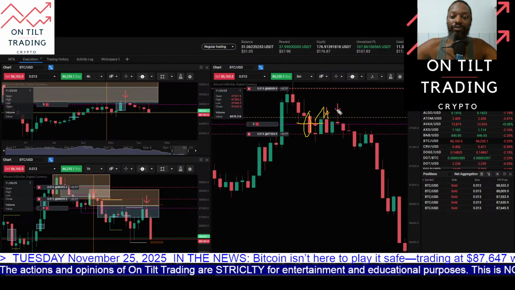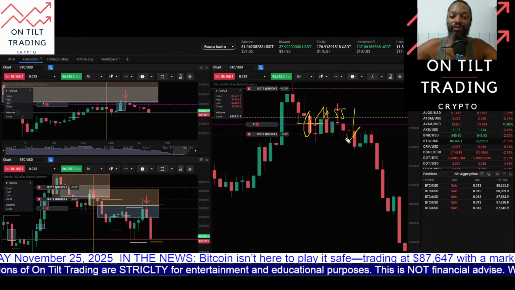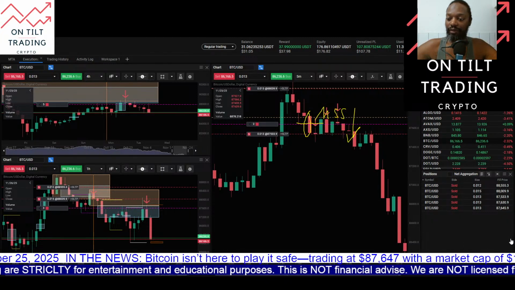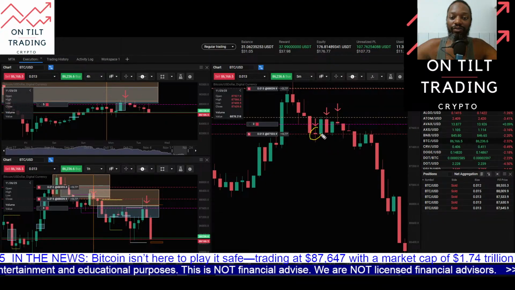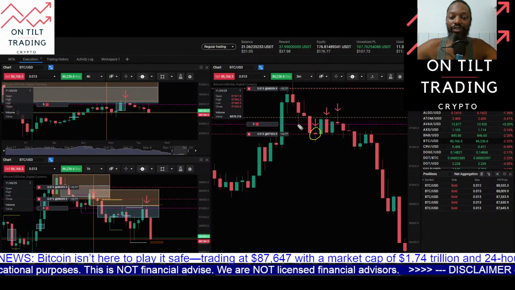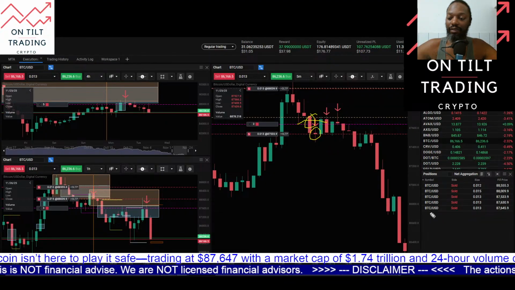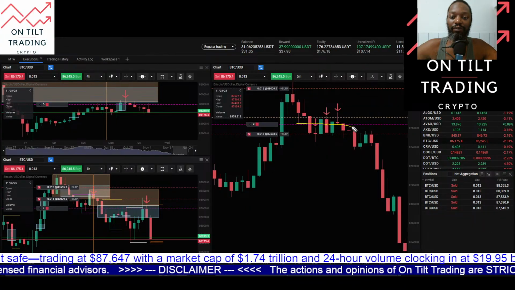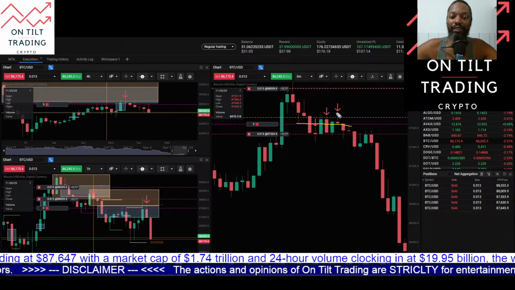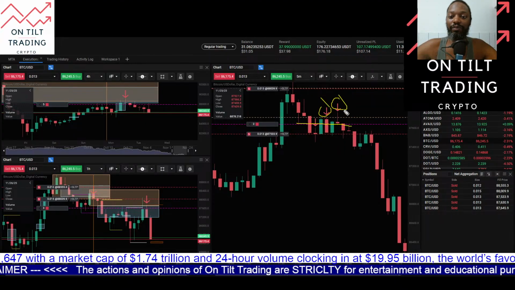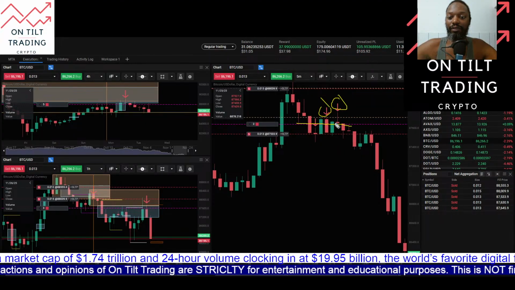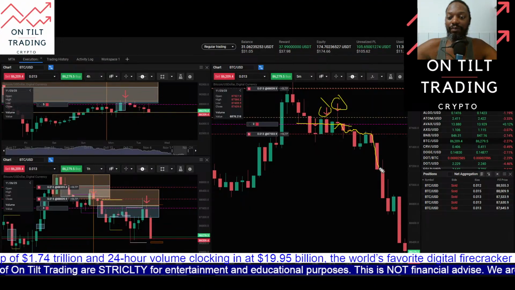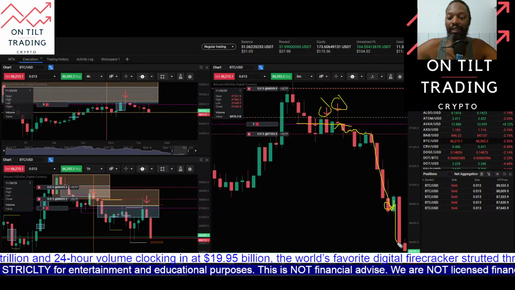Here the market structure shift comes into the sell side. So again, I take my entry immediately after the shift, and then I wait for price to pull back to the market structure shift level, and this is where I entered these two positions here. And we can see price consolidates here for a bit and then delivers to the sell side.